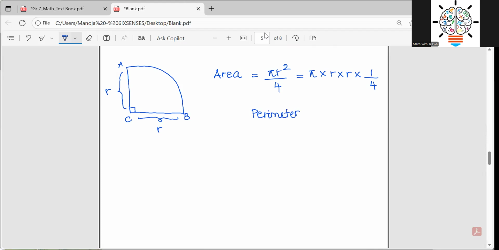Perimeter, you want to understand how. Perimeter, how do you find? You start from A. Then we take the AB curve length, and we add BC straight length, and then CA straight length.